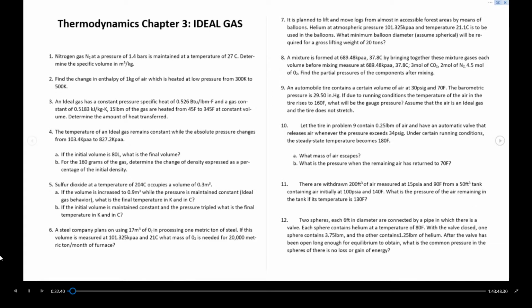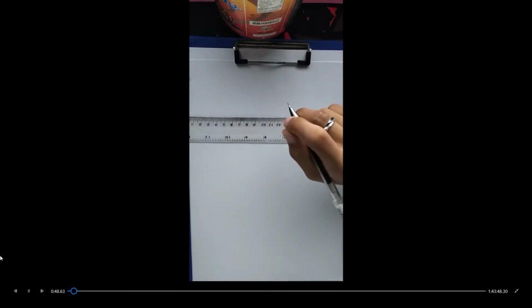Problem 1. Nitrogen gas at a pressure of 1.4 bars is maintained at a temperature of 27 degrees Celsius. Now, determine the specific volume in meter cube per kilogram. Let's start with number 1. Nitrogen gas.